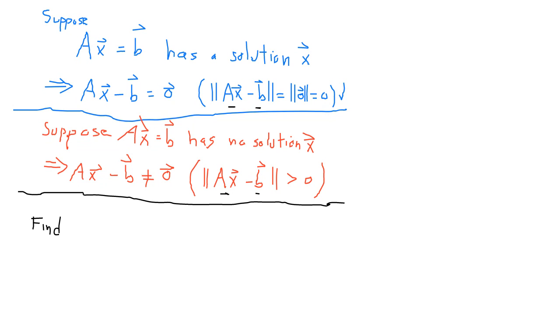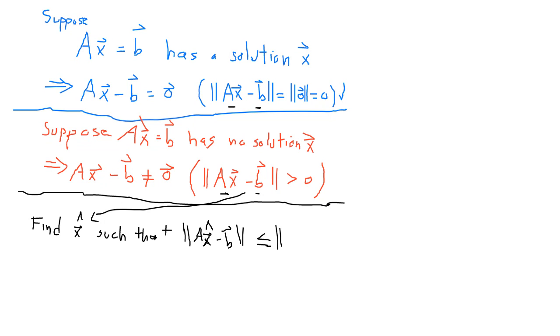So the best we can do in this scenario is find a vector x, I'll call it x hat, such that the difference between A x hat and b is less than or equal to the difference between Ax minus b for all other values of x.